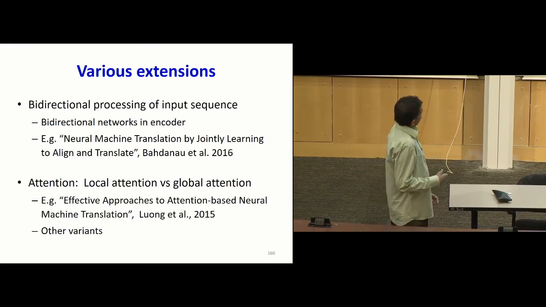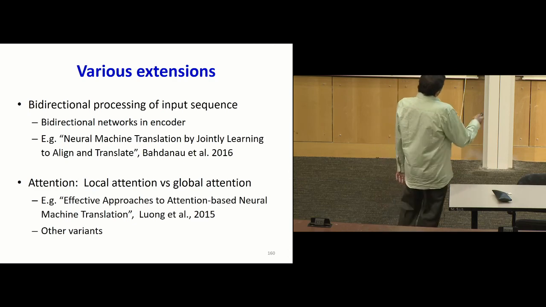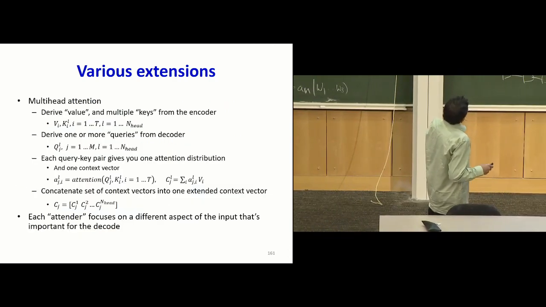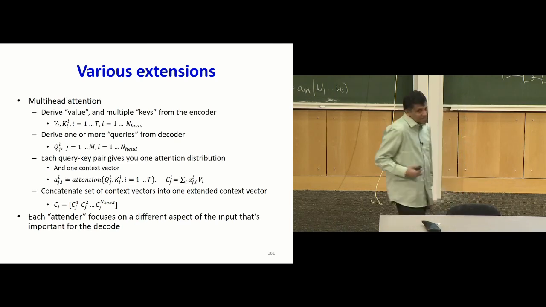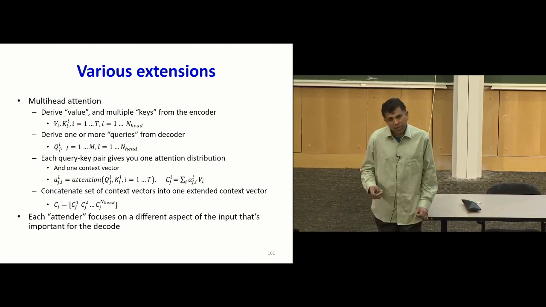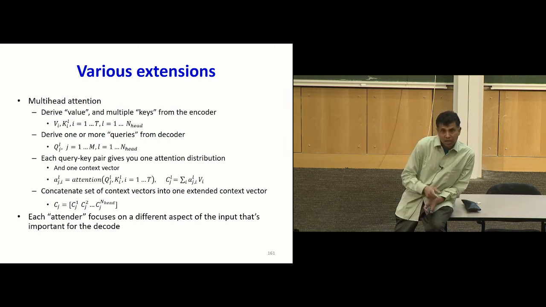So you have features like variants, like local versus global attention, which is defined in this paper over here, and several other extensions. You also have now something called multi-head attention. In the model that we just saw, we computed a context vector Z, which was a weighted combination of the hidden representations from the input, but we computed only one context vector.